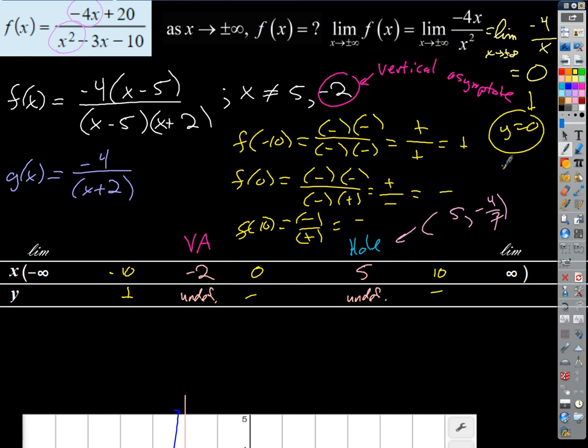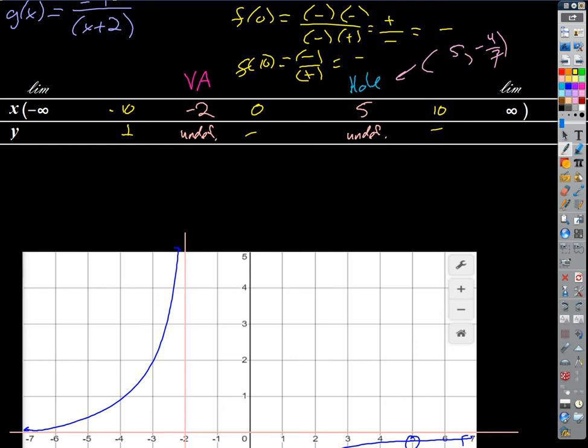When we compile all our data here, we want to write the equation of the horizontal asymptote, but really we get it right here. The limit as x approaches negative infinity is 0. The limit of the function as x approaches infinity is 0. So that's telling us we've got a horizontal asymptote at y equals 0.